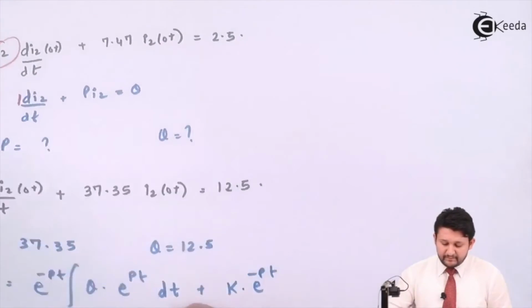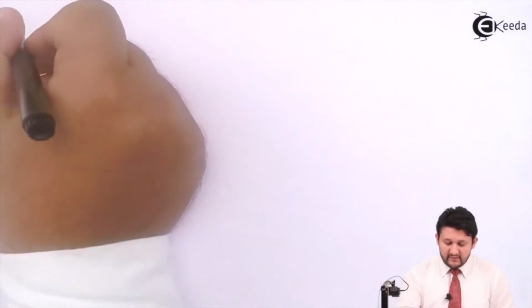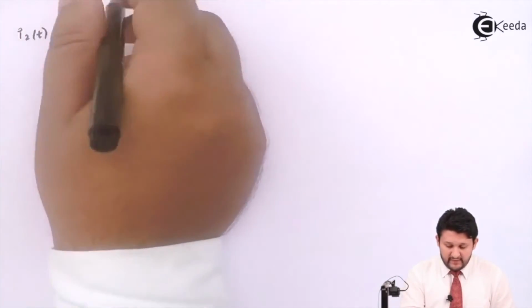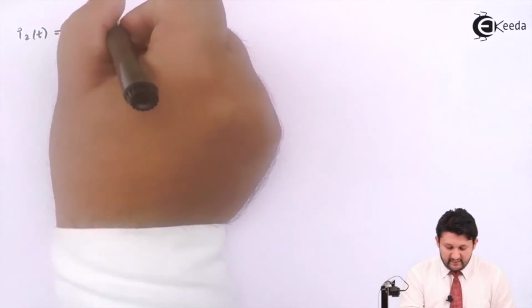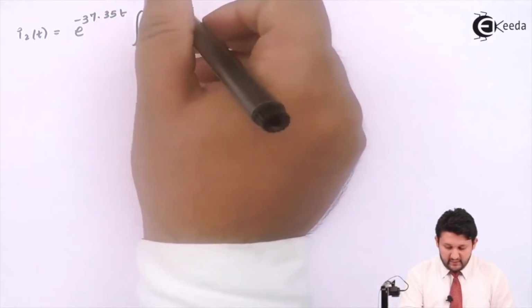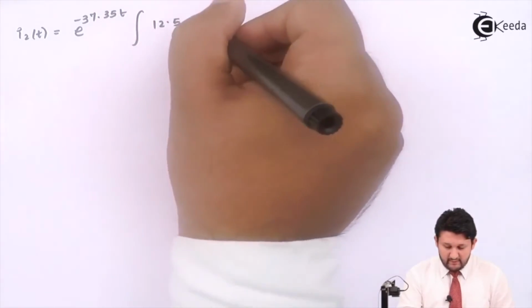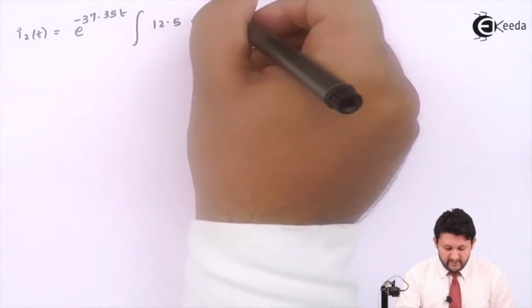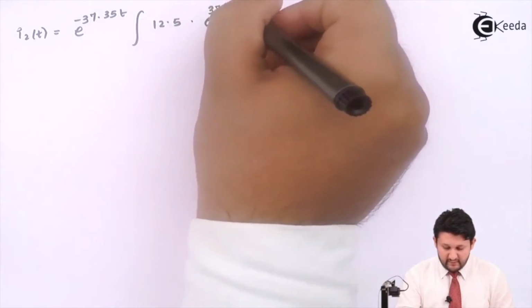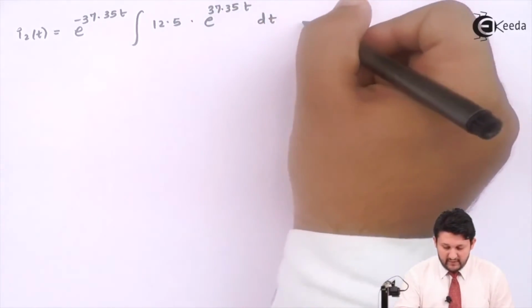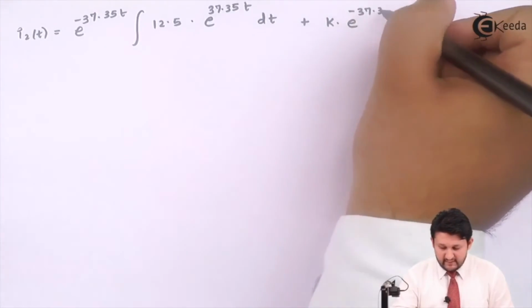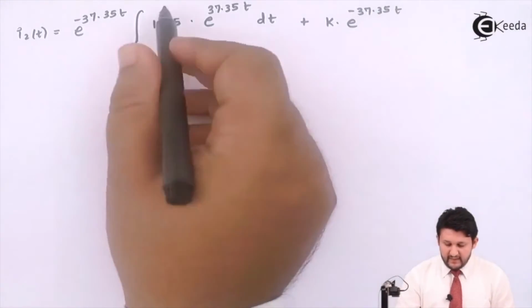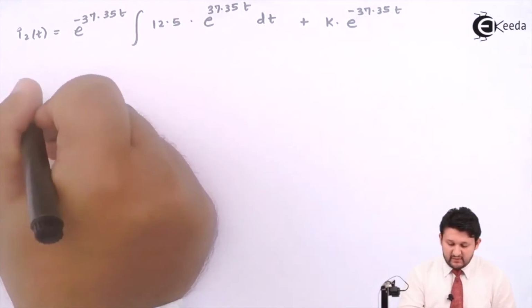So I2 of t is equal to, my dear friends, e raised to minus 37.35 into t, into q value is 12.5, into e raised to p value is 37.35t into dt, plus k into e raised to minus 37.35 into t.